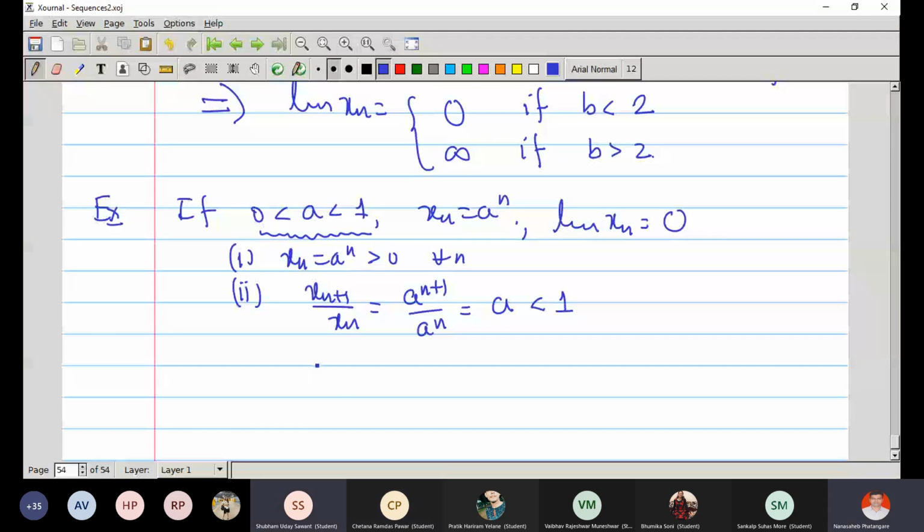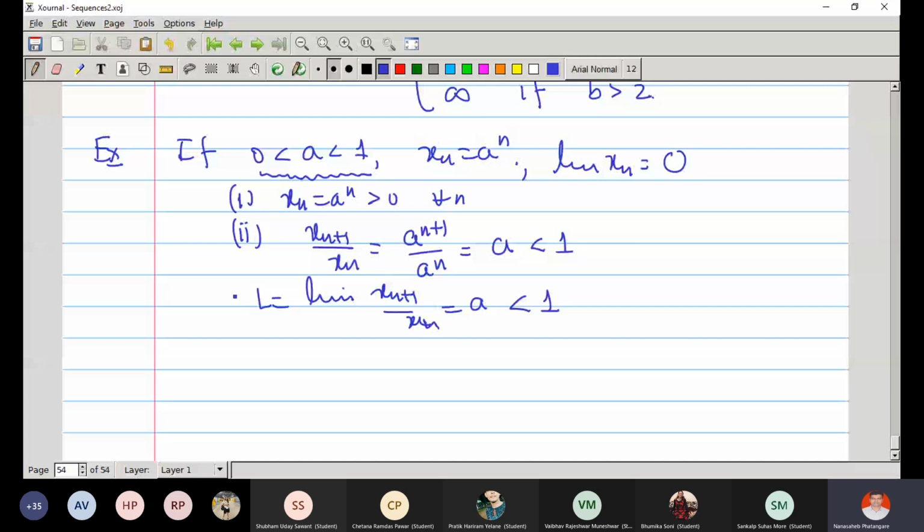Yes. So the limit of xn plus 1 upon xn, that is our L, is a, and it is less than 1. Therefore by the ratio test, the limit of xn, or the limit of a raised to n, must be 0. So this is another way to look at the same sequence.